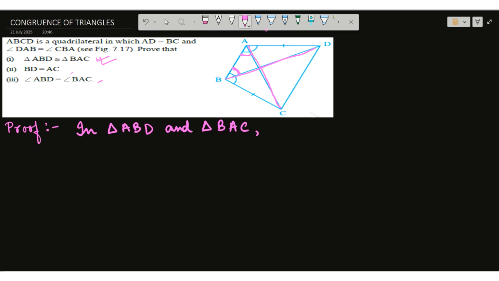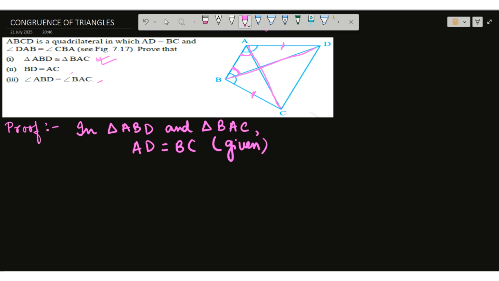Look at the figure. AD is equal to BC. It is given that AD is equal to BC. So we'll write AD is equal to BC. The reason is that it is given in the question.